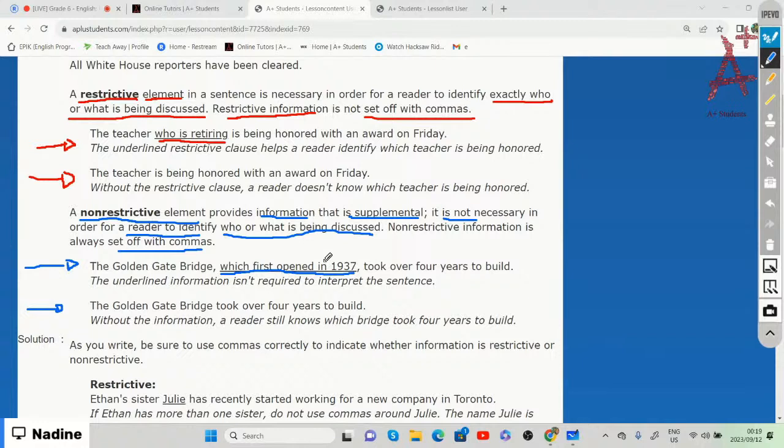So we don't have to say Disney World, which first opened in 1995, took over 10 years to build, for example. We can remove the which was first opened in 1995, and then we can just say that Disney World took over so many years to build.